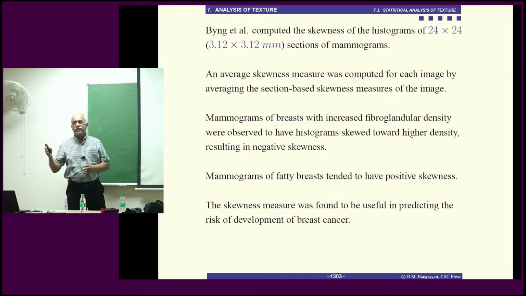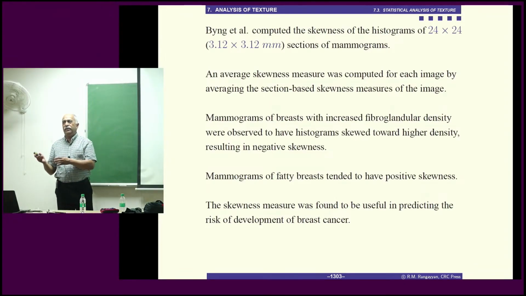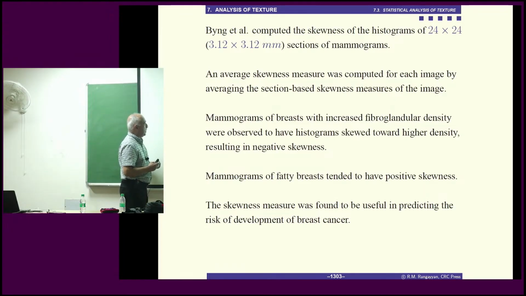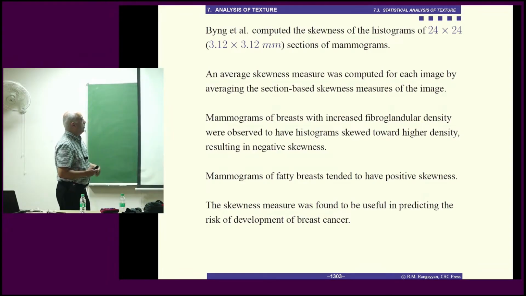And if that persists with age, if the breasts are dense at an increased age, that would indicate susceptibility to the development of cancer. Not that it will happen, but increased susceptibility. Mammograms of fatty breasts tended to have positive skewness, whereas higher density gave negative skewness.